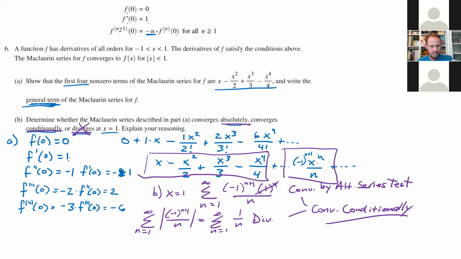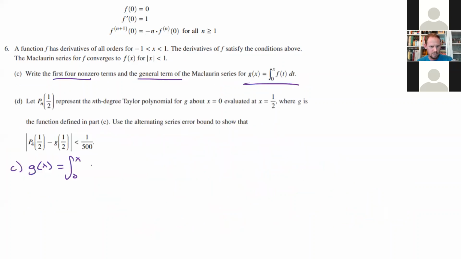So we've got x minus x squared over 2 plus x cubed over 3 minus x to the 4th over 4 plus dot, dot, dot, plus x to the n over n and negative 1 to the n plus 1. And we're integrating with respect to, ooh, that's a problem. Anybody notice what the problem is? I made a boo-boo.